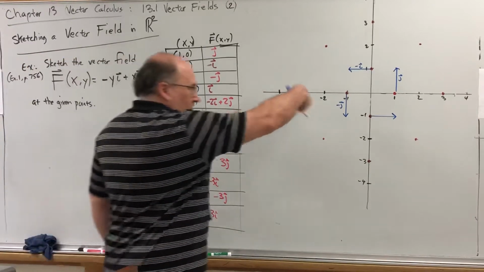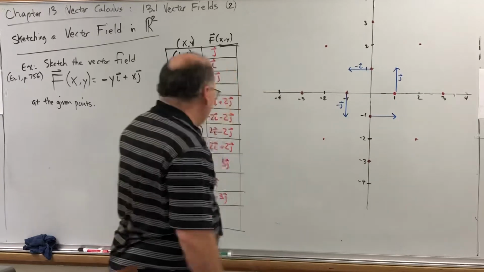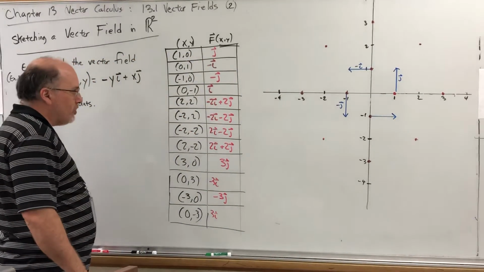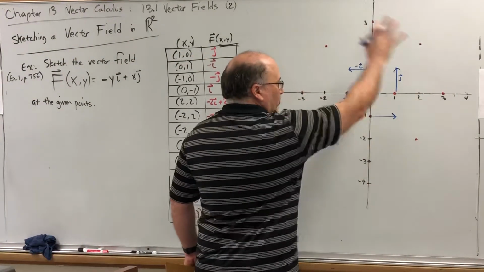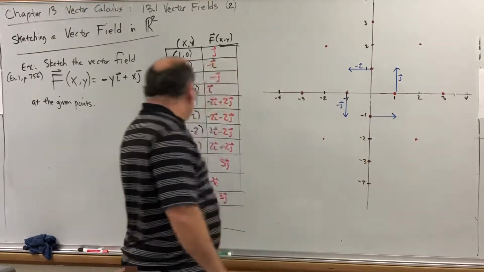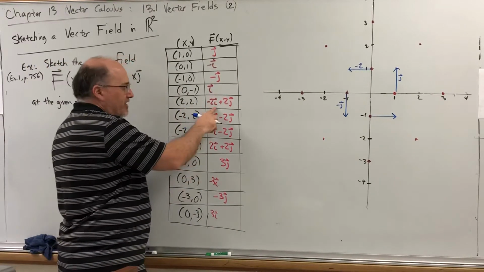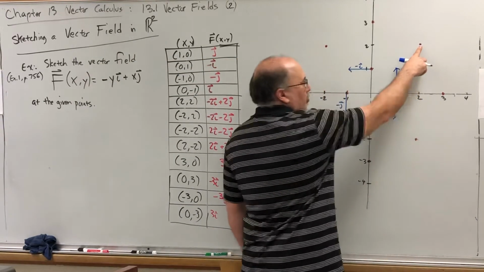So it looks like we have some rotation action going on, like water in a whirlpool or something. Let's check out these other ones and see if the vectors confirm what we're thinking, that this vector field is representing some sort of rotation. At the point 2, 2, we need to draw the vector -2i plus 2j. So here's 2, 2.